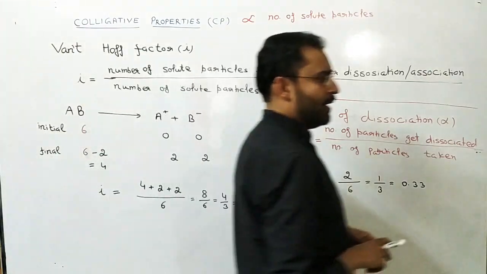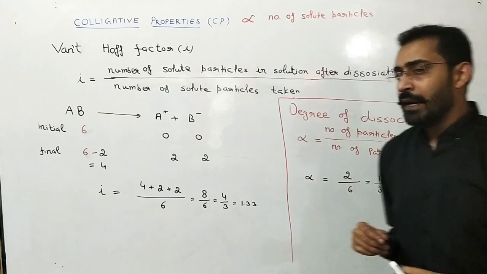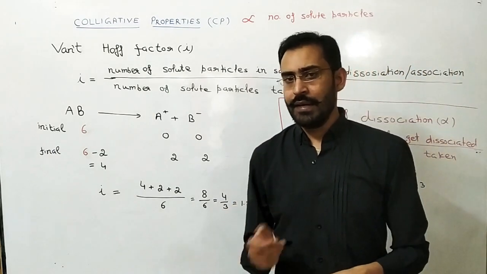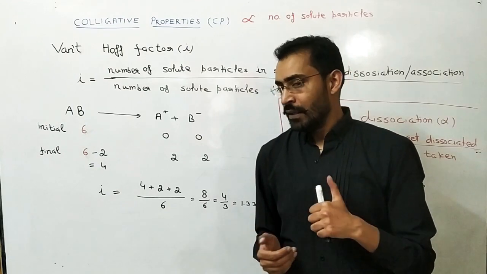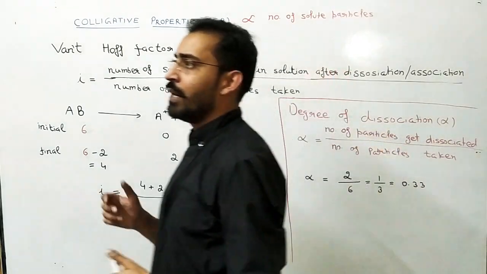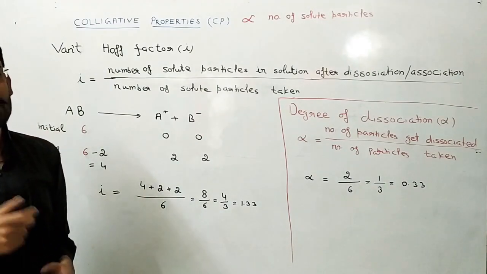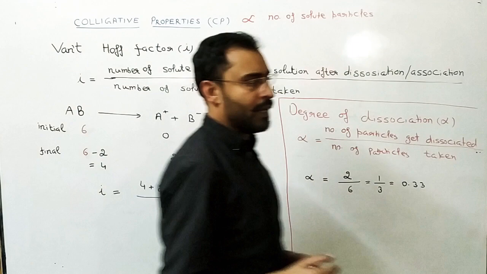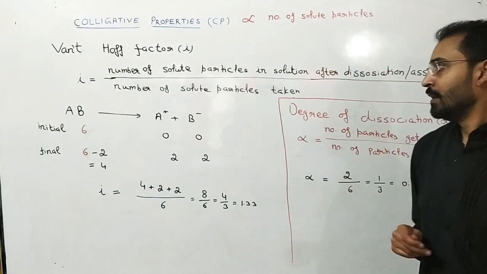These will be equal if a solute is a non-electrolyte, meaning it doesn't get associated or dissociated when mixed with water. For example, glucose is a non-electrolyte. Sucrose is a non-electrolyte. Urea again is a non-electrolyte solute.